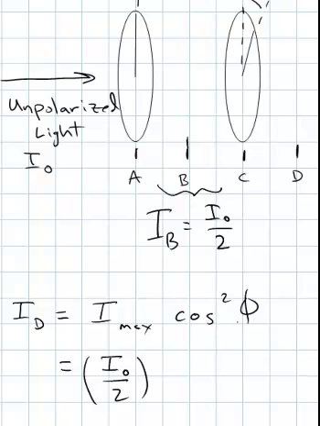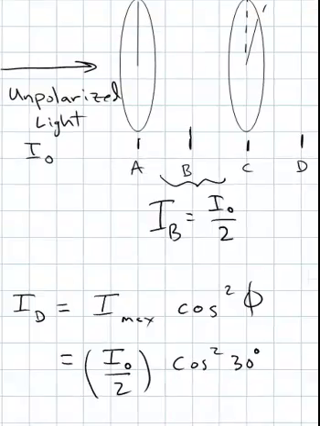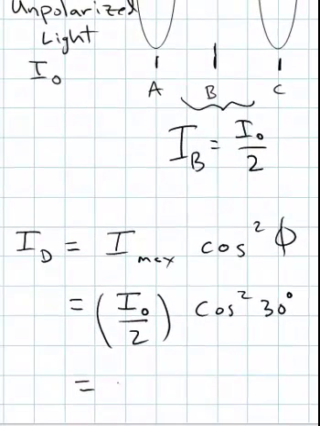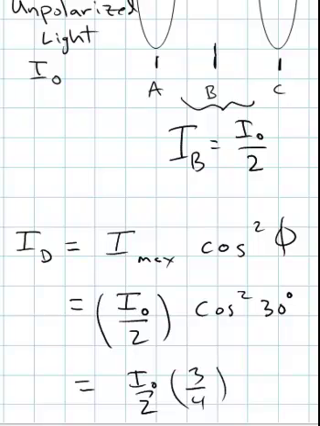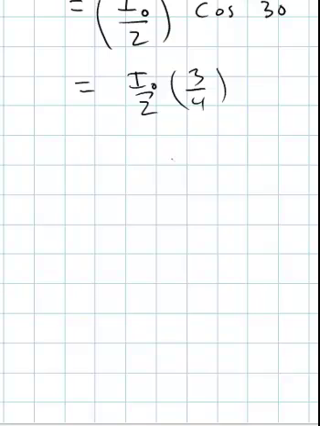And our polarizers are 30 degrees apart. And so what do I end up with? I end up with I naught over 2 times 3/4, which is 3/8 times the original intensity, or 0.375.